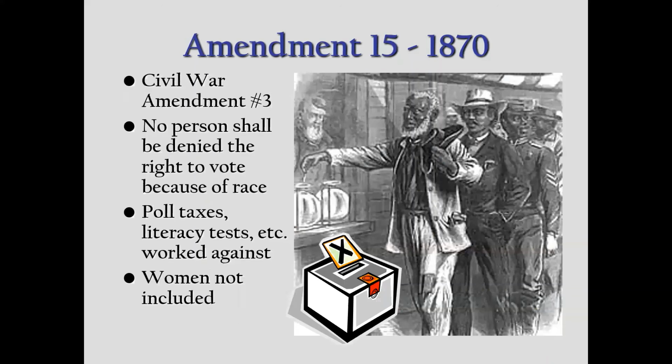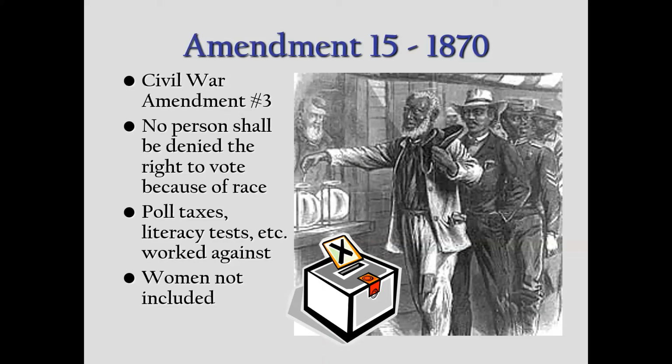The 15th Amendment is our first voting amendment. We'll have a couple of those, but it is also the third Civil War amendment. It said that no person shall be denied the right to vote because of race. However, this is when in the South, in the Jim Crow era, they started the use of poll taxes, literacy tests, and other means to undermine the ability of minority groups to vote.